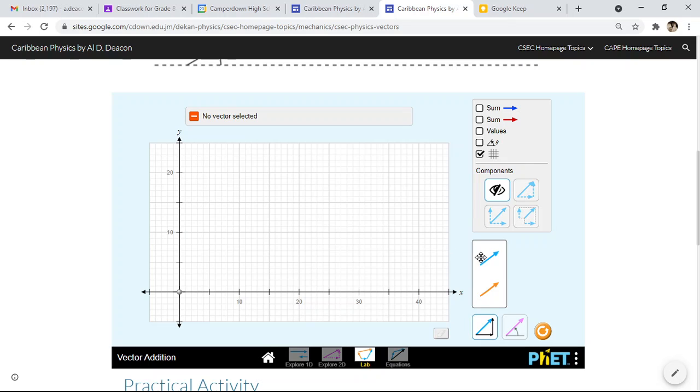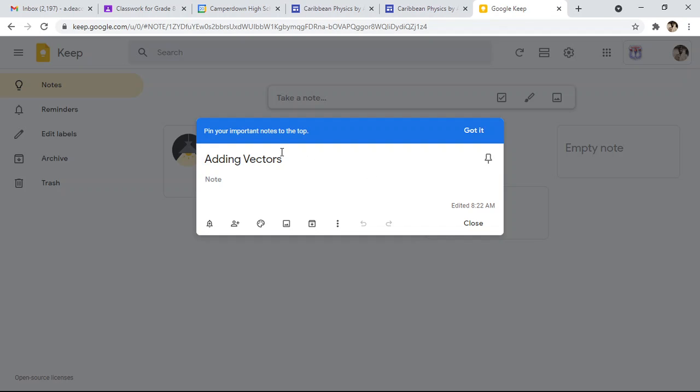Alright, so the first thing that you need to know, there are two things we can do: adding, combining. Let's say combining and resolving, because that's the topic: combining and resolving vectors.